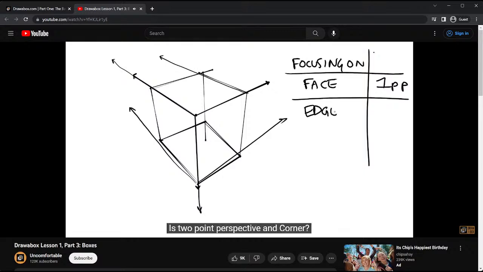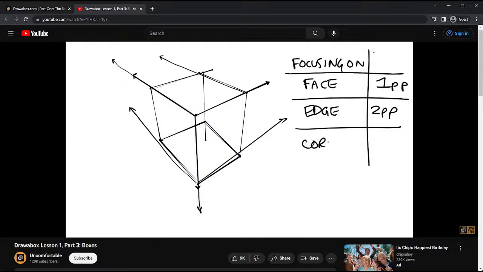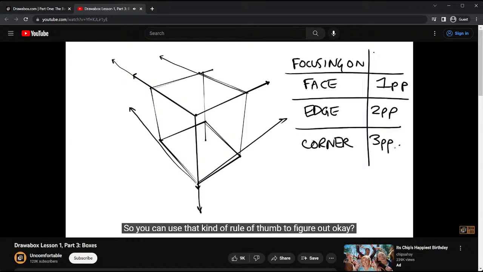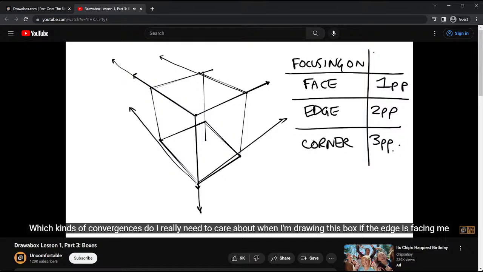Edge is 2 point perspective, and corner is 3 point perspective. So you can use that kind of rule of thumb to figure out, okay, which kinds of convergences do I really need to care about when I'm drawing this box?